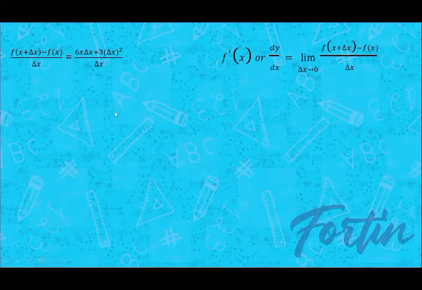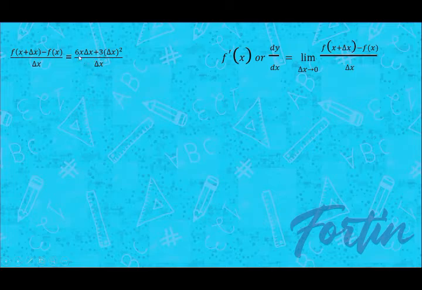Okay, let us continue. Take note that in our definition, we divide by delta x. The terms that remain after subtracting the function of x are 6x delta x plus 3 delta x squared, so we divide them by delta x.